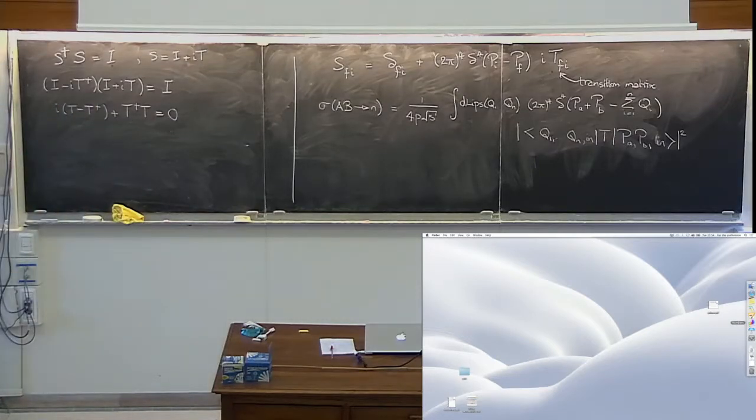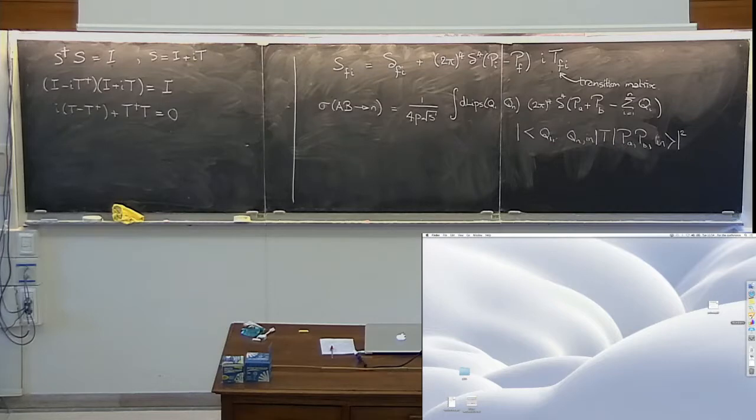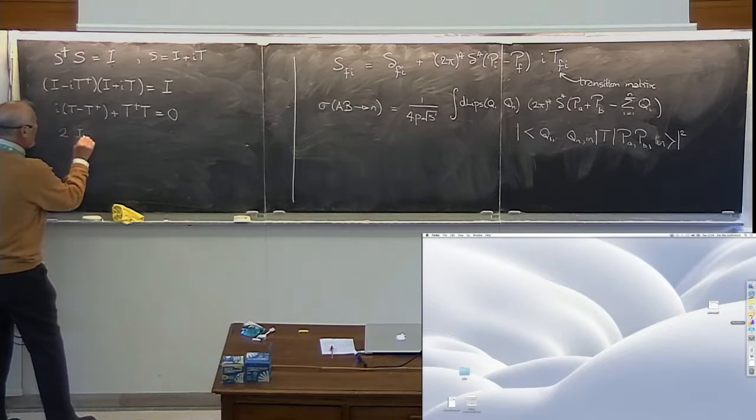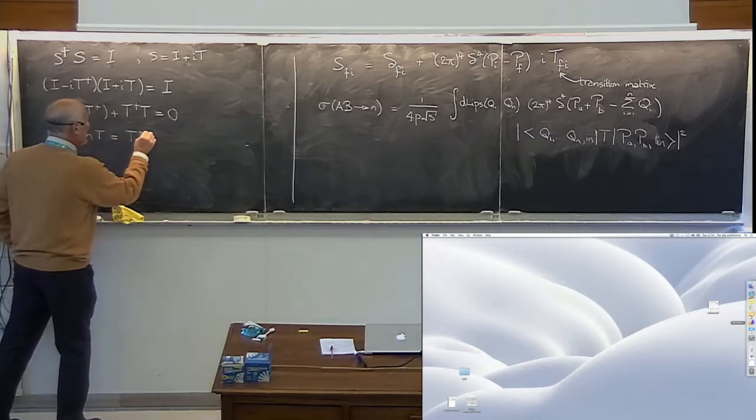And now, forgetting that this is a matrix, T minus T dagger, a function minus its complex conjugate, is 2i times its imaginary part. So this tells you that 2 times the imaginary part of T, and there's a minus sign, so we can put this term onto the other side.